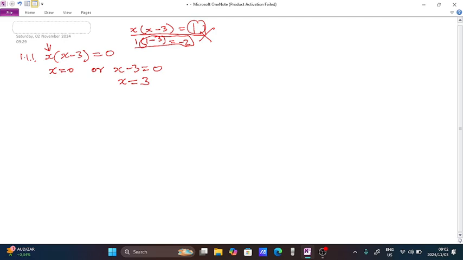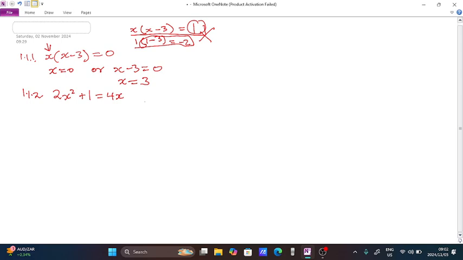Right, the next one is 1.1.2, where we have 2x squared plus 1 equals to 4x. Now the question says correct to 2 decimal places.